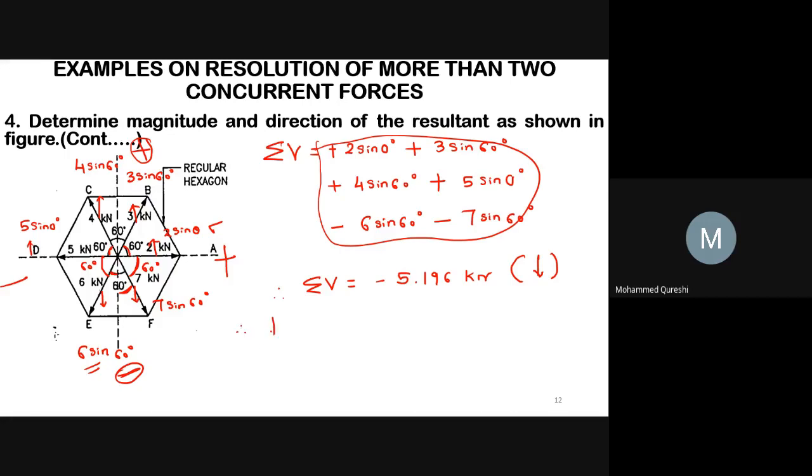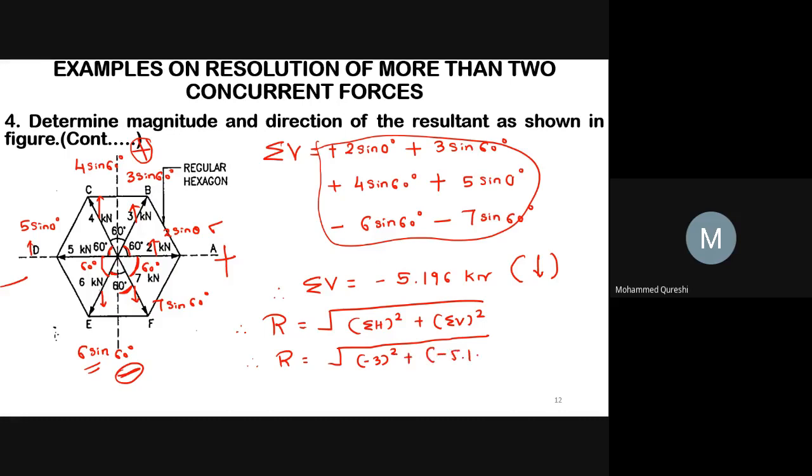Now we will find the value of the resultant force, that is capital R equals to under root of sigma H square plus sigma V square. Therefore our R equals to, after putting both the values of sigma H and sigma V, sigma H is minus 3 square and sigma V is minus 5.196 square.